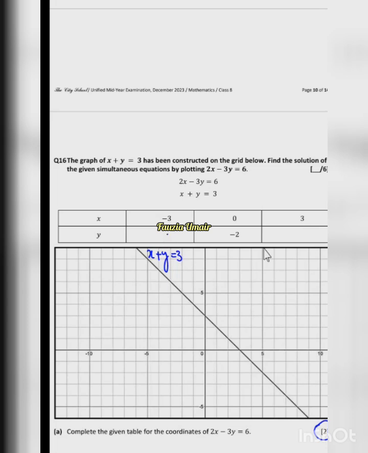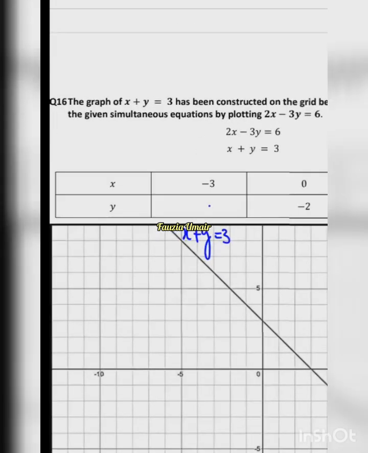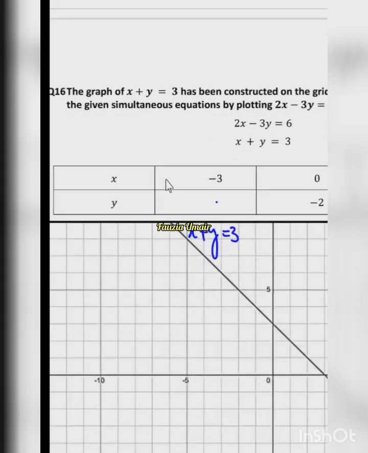This one and this one. One is already calculated. So now if x is equal to minus 3, what is the value of y? How should I find? Can anyone tell me? If x is equal to minus 3, how can I calculate the corresponding value of y?